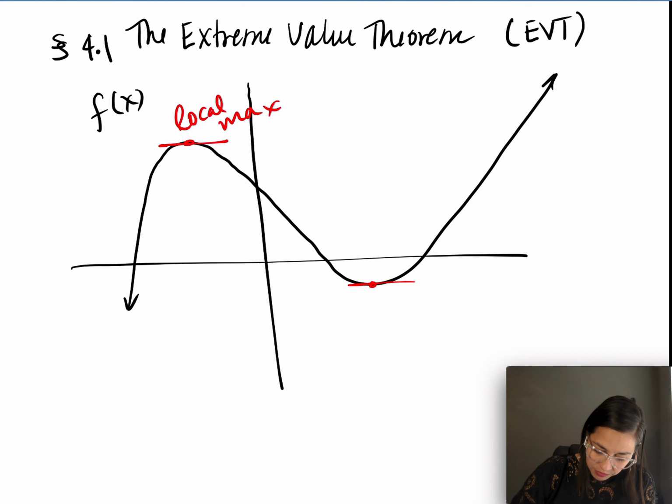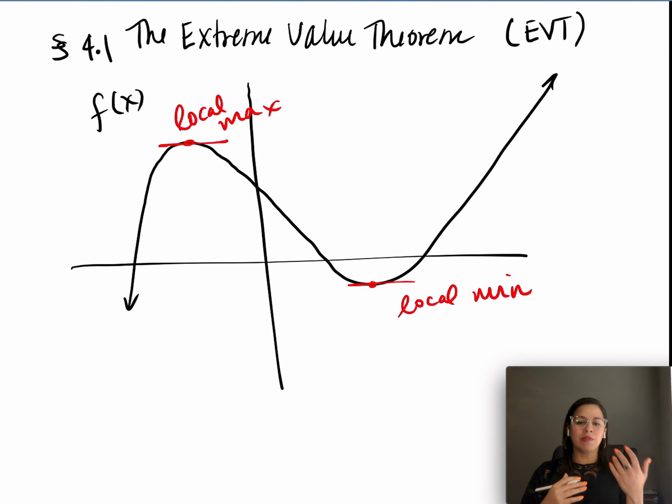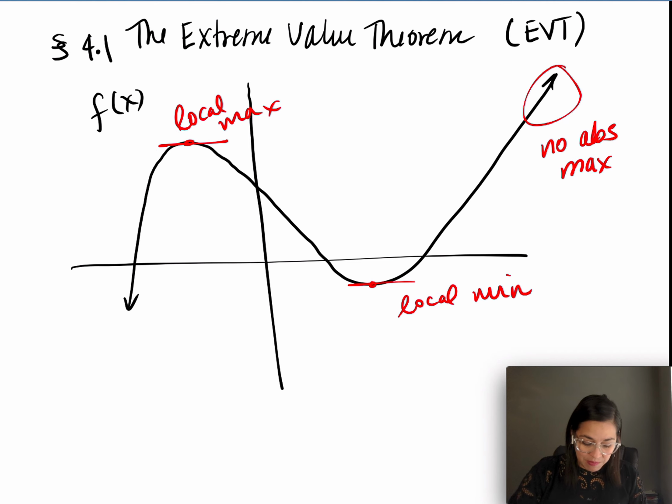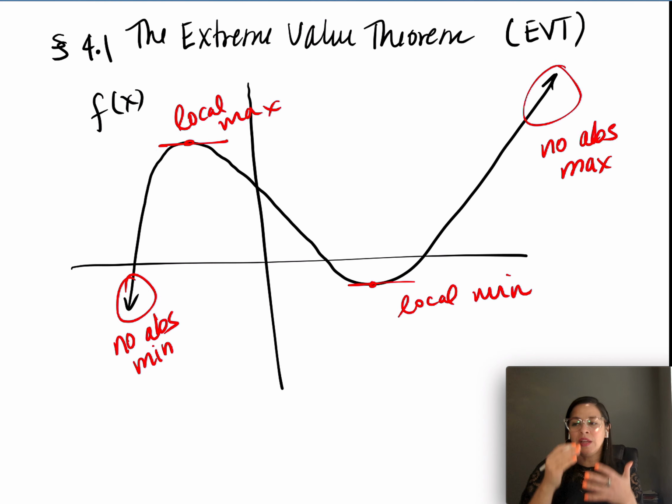And this is a local min. Now we have no absolute maximum because this keeps growing. So no abs max. And we have no absolute minimum because this keeps going to negative infinity. So no abs min, meaning you can always find a smaller value of y, okay?